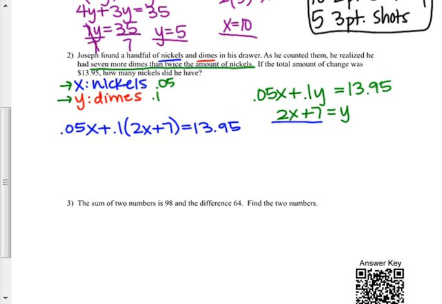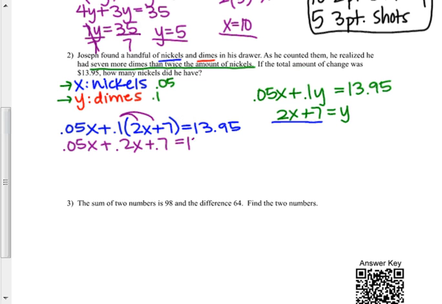All right, so x equals 53. And then I'm going to plug that back in to this equation here. So if I know that x is 53, I can just put 53 in for x and solve that like normal. So that actually gets me 113, 2 times 53 plus 7.